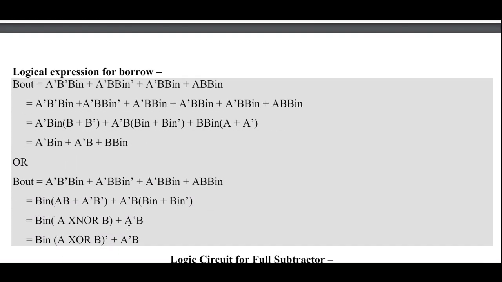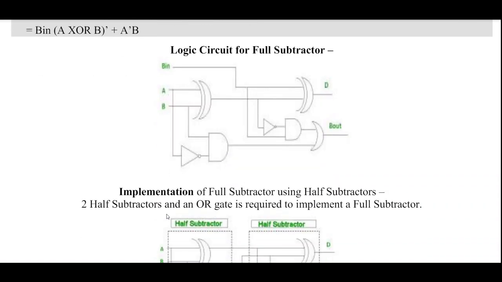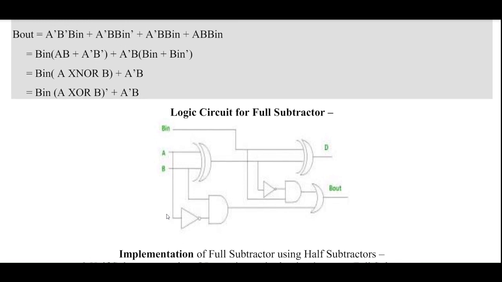Sometimes I use C, sorry for that, it is nothing but B in. So this is for the borrow: A bar B plus (A XOR B) bar into B in, which can also be implemented as B in into (A XOR B) whole complement plus A complement B.